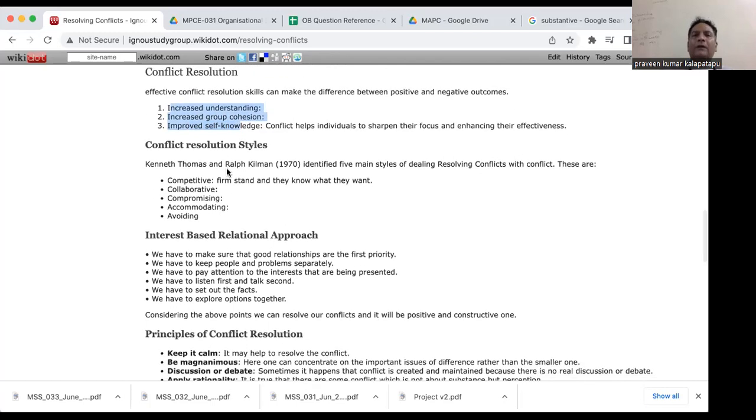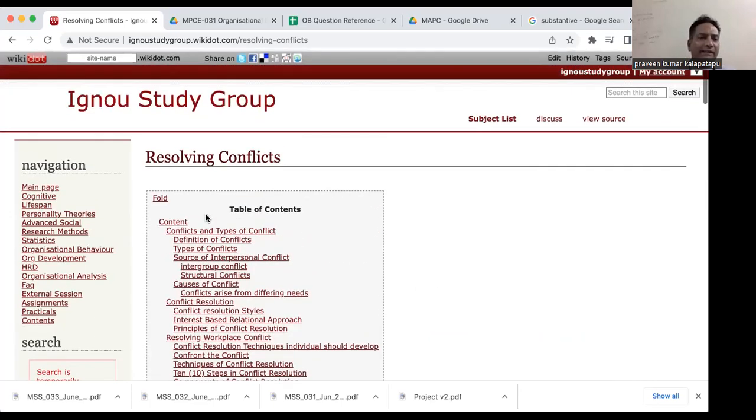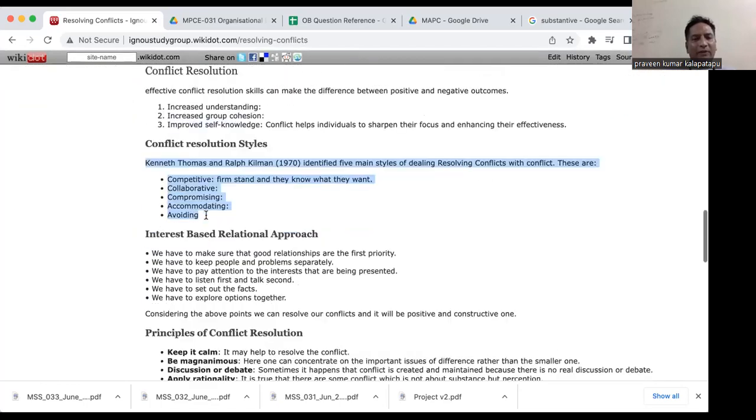Okay, so now comes resolution styles. Every individual does resolve conflicts. I didn't make notes of this resolution style here, because I think during the Viva we made it in some other section. We can copy it from there to here.